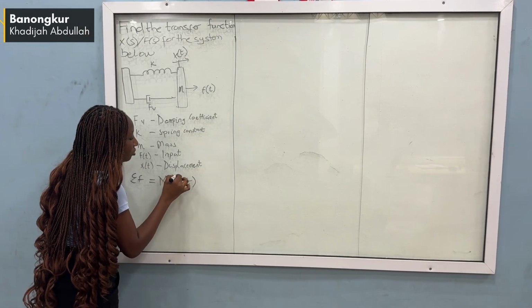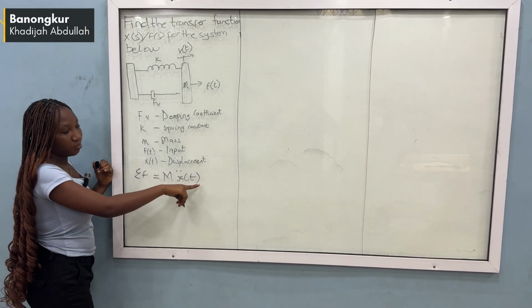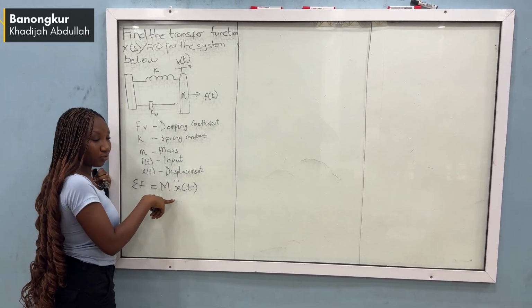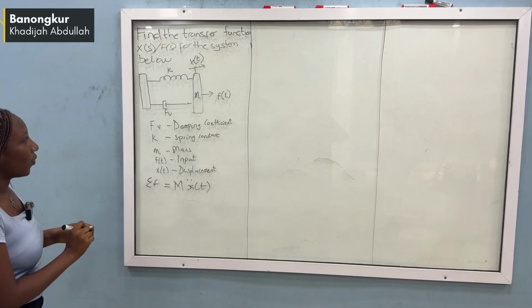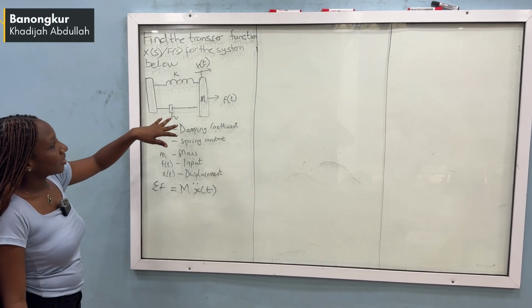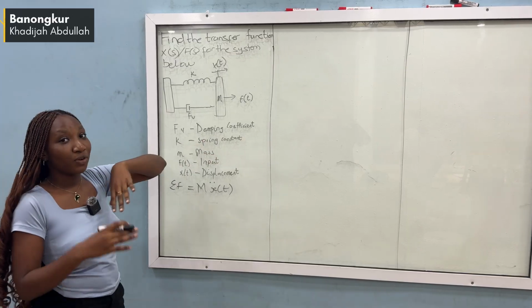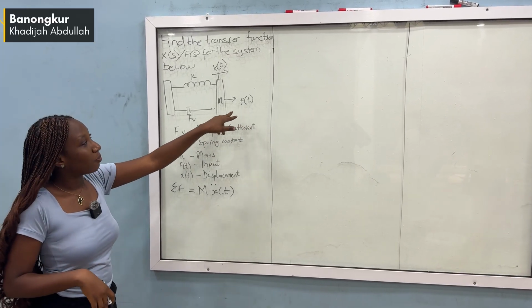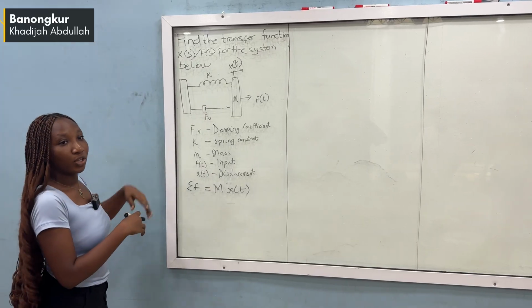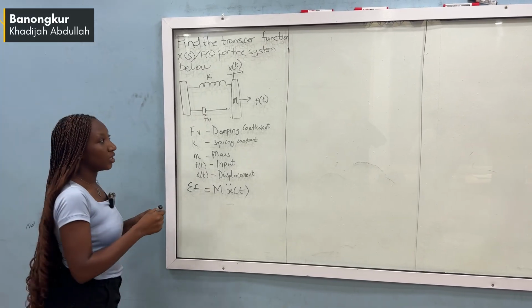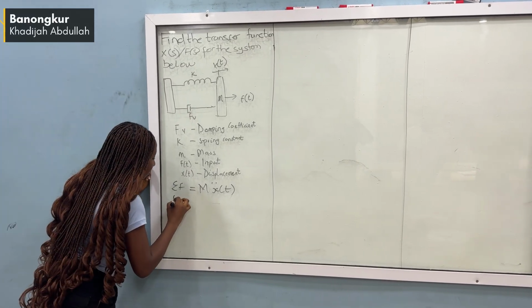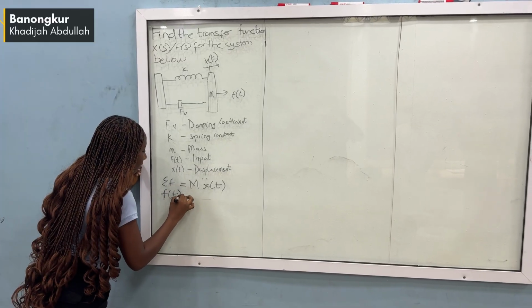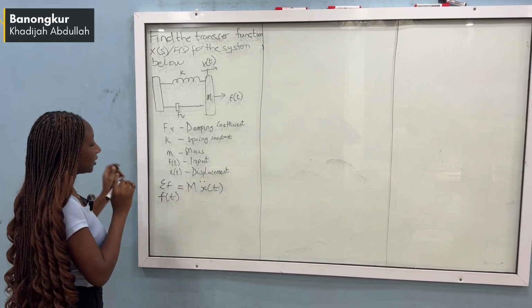The two dots on top of the displacement show that it's the second derivative. We have three forces acting on the system. The first force is the one applied to the mass in order to cause the acceleration. That's F(t).